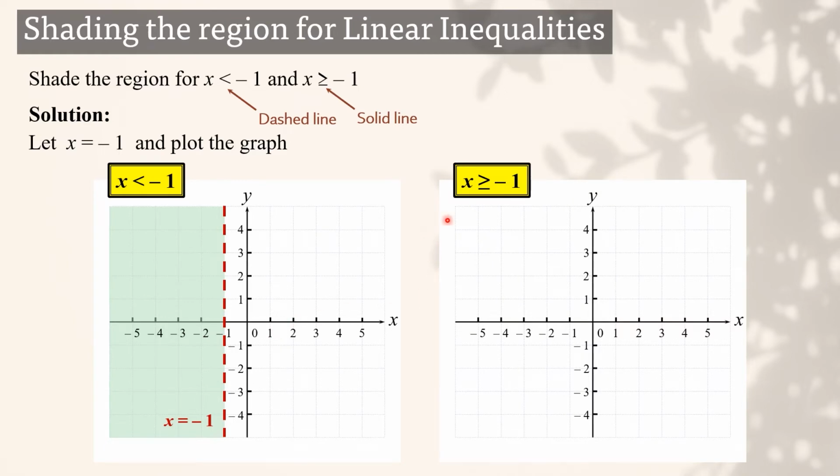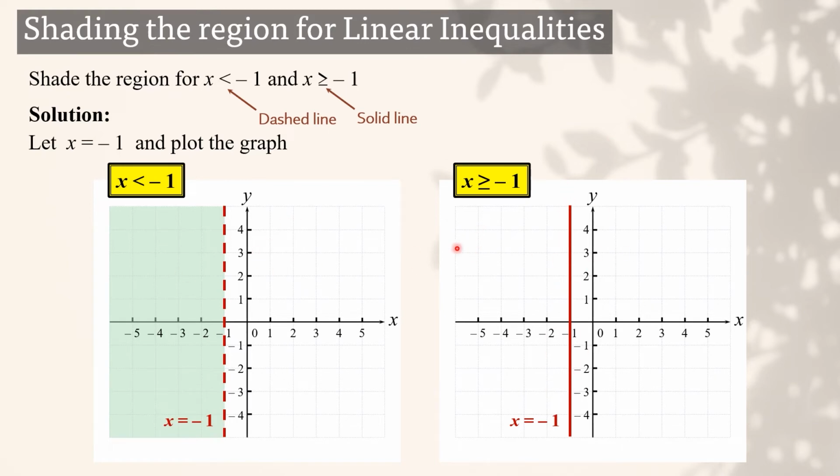Let's look at the second question. x greater than or equals to -1. So we're going to use a solid line. This solid vertical straight line will cross the x-axis at -1. So the difference here is one is a dashed line and another one is a solid line.